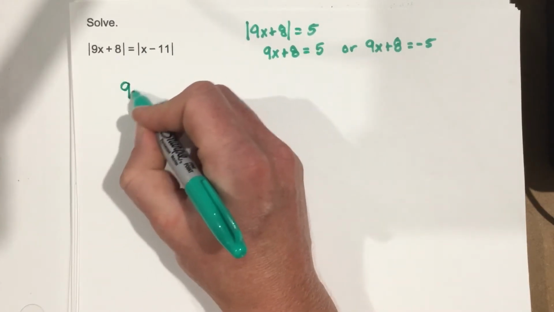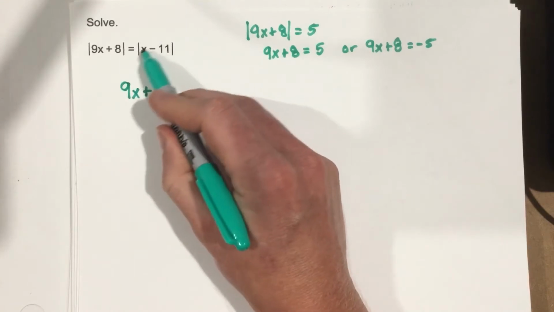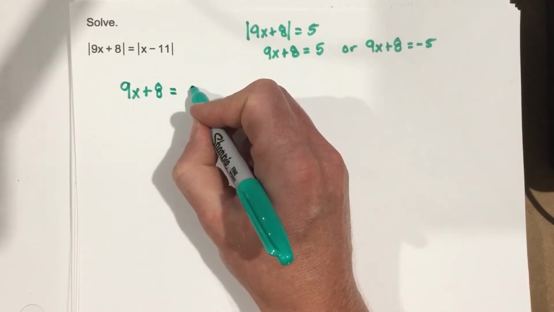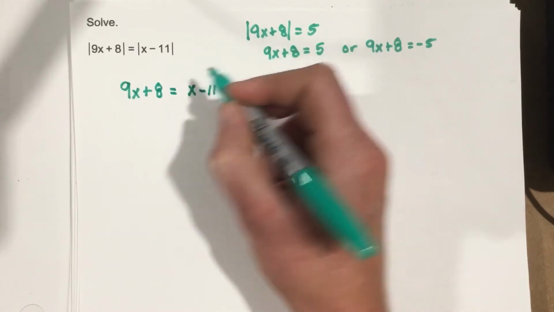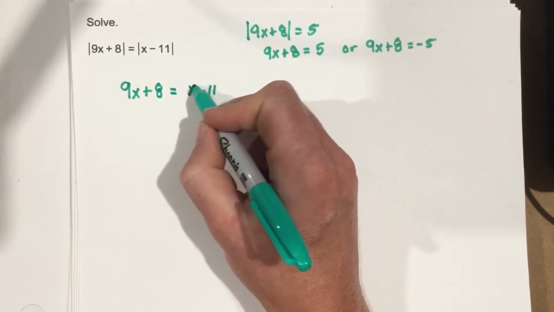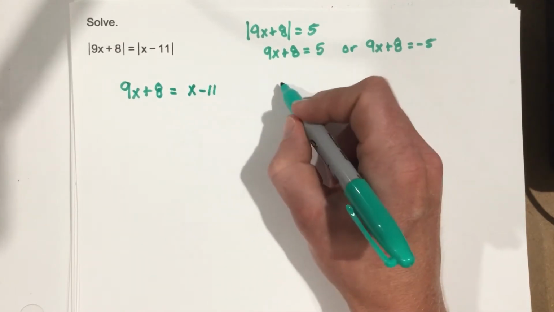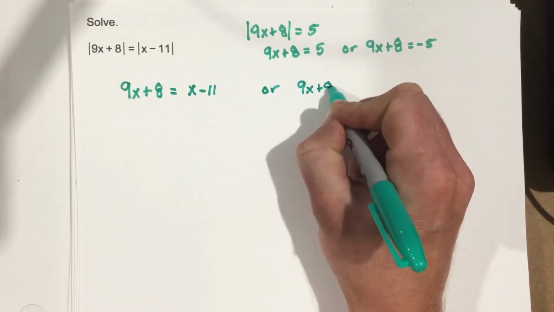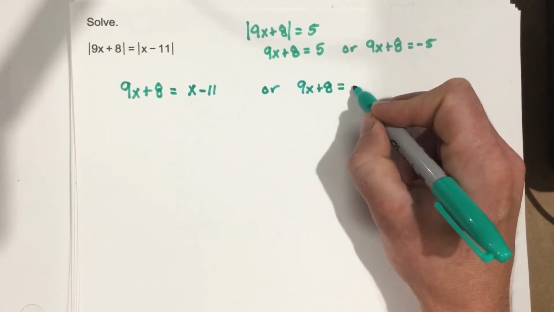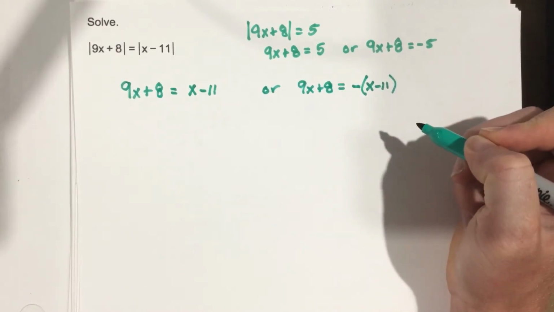So 9x plus 8 equals the positive version, which would just be x minus 11. We could have put a plus sign out here, but we're just doing the positive version of that. And then, or 9x plus 8 can equal the negative version of this, which would be negative x minus 11, like so.